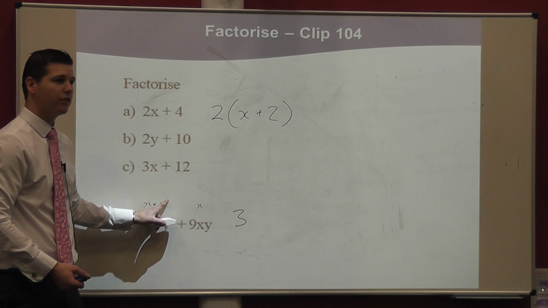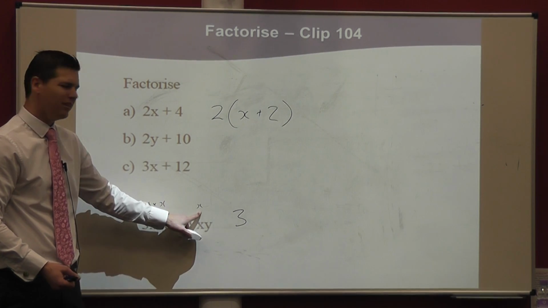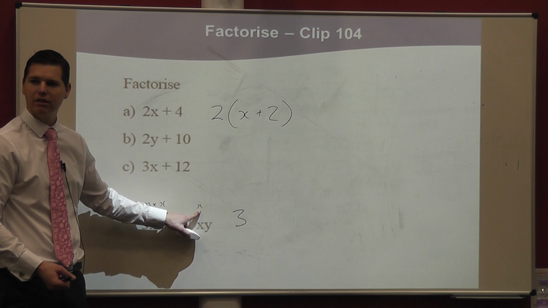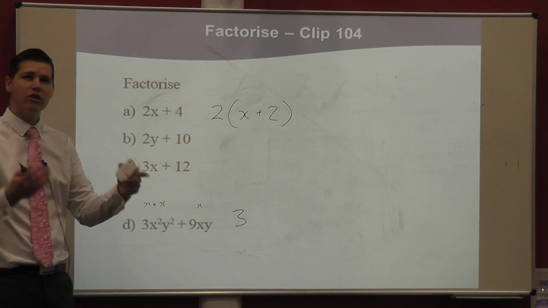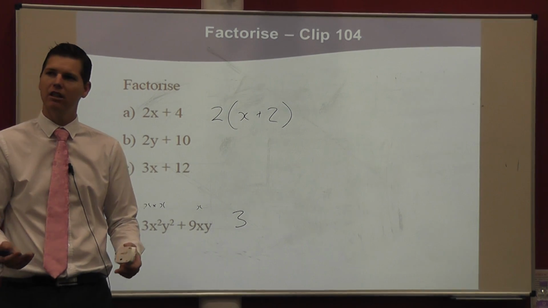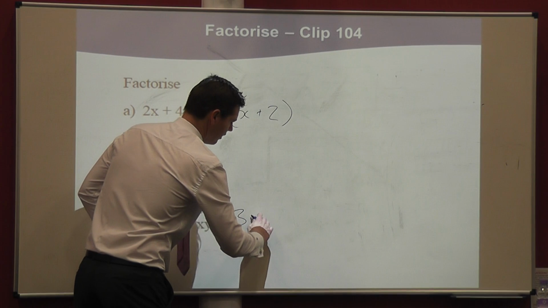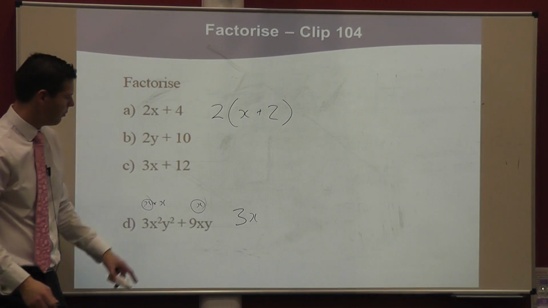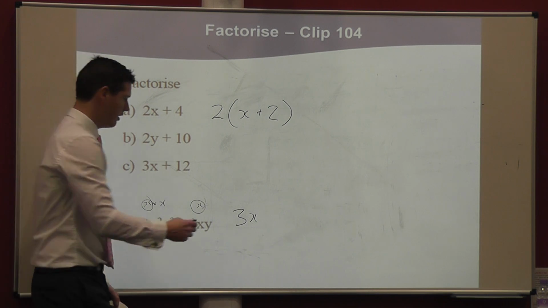I could take an x squared out, but do I have an x times an x over here? So I can just take a single x, because there's only a single x that's a common factor of both of those terms. So in here, I put an x. And what about with the y's? Put y as well, a single y.